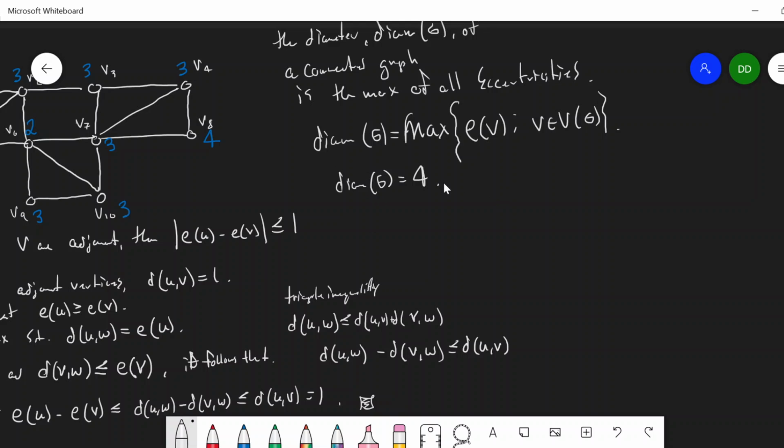The radius of a graph G, denoted rad G, is the minimum of all eccentricities.